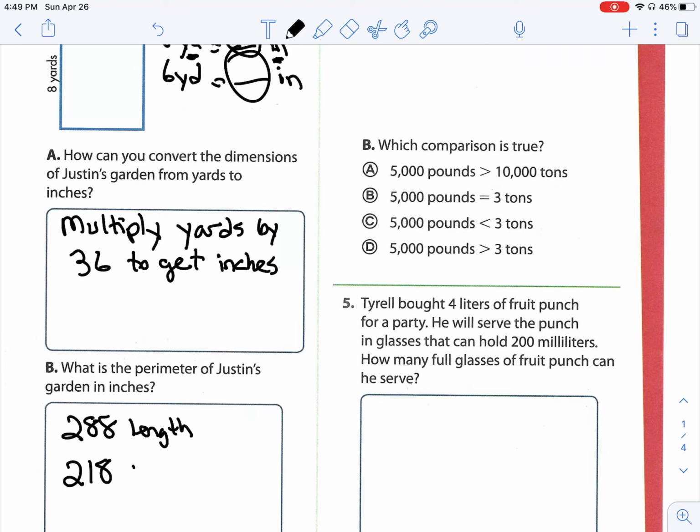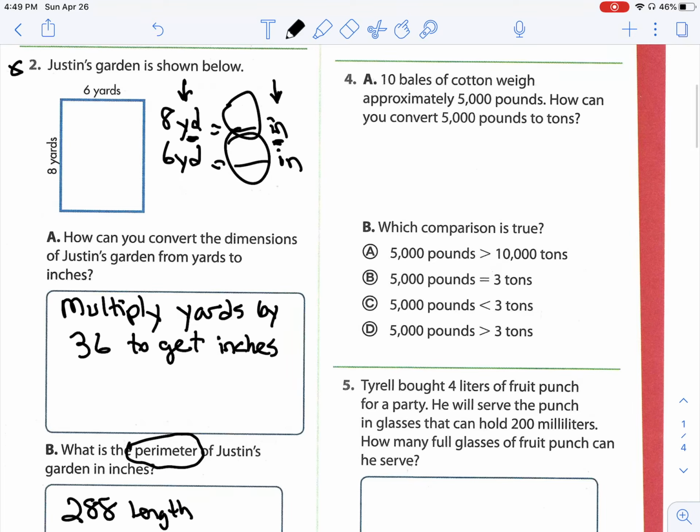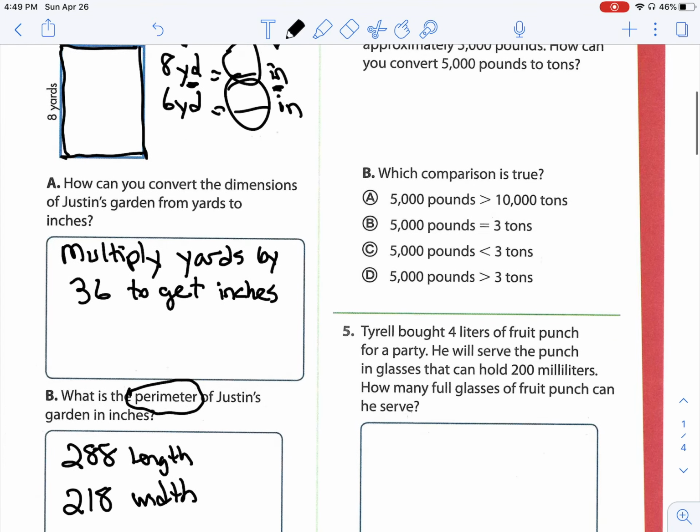Now, once again, they've asked us a question about perimeter. Sometimes they ask us about area, and you got to know those differences. Perimeter is the distance around a shape. So we need to take this length, add it to this length, add it to this length, and add it to this length. That is perimeter. If it were area they were asking, we would have to multiply the length times the width.